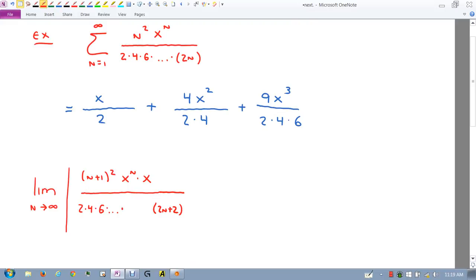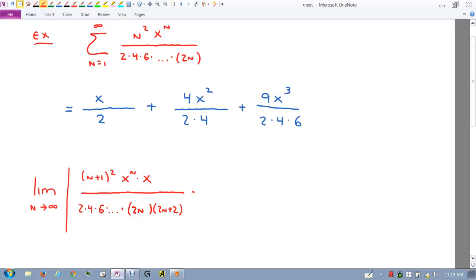And because I know what's about to happen, what would the one right before that be? Just 2n, right? Because each one of these is going up by 2, right? 2 goes up to 4, then up to 6. So if this is 2n plus 2, the one right before it is 2 less than it. So the one right before it is 2n. Understand?